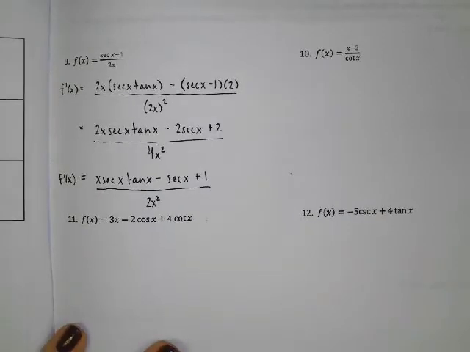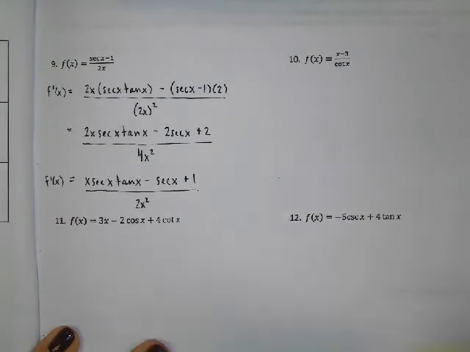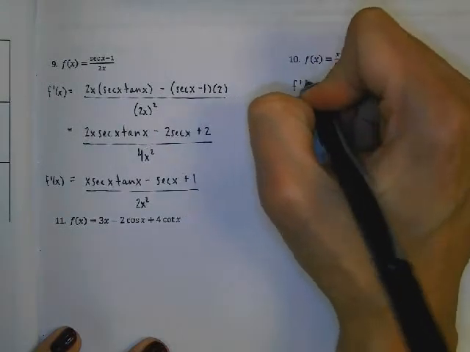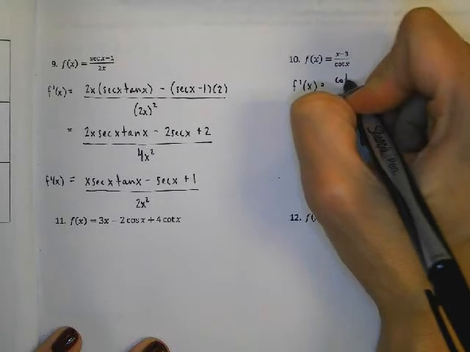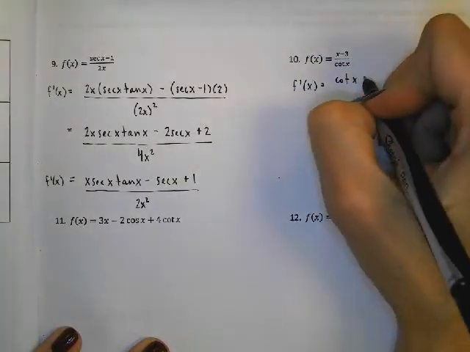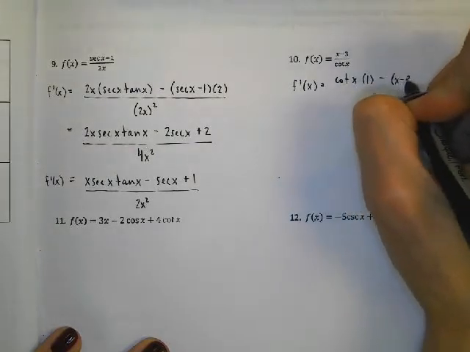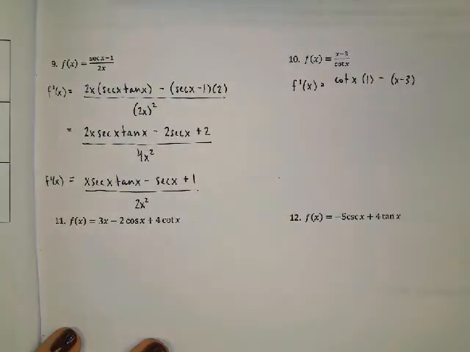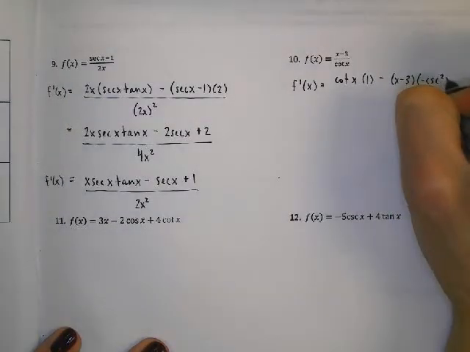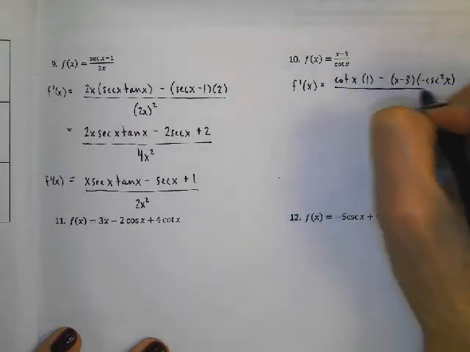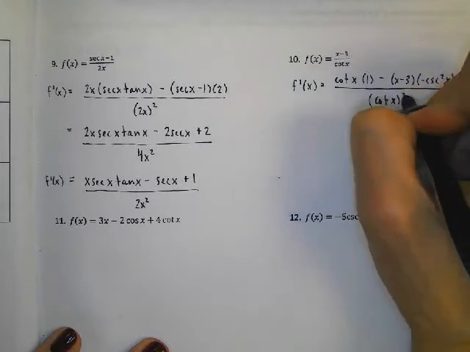All right, and one additional quotient rule example, number 10. So I have the cotangent of x times the derivative of my numerator, which is just 1, minus x minus 3. Now for the derivative of cotangent of x, I have negative cosecant squared of x, and that's all over cotangent of x squared.